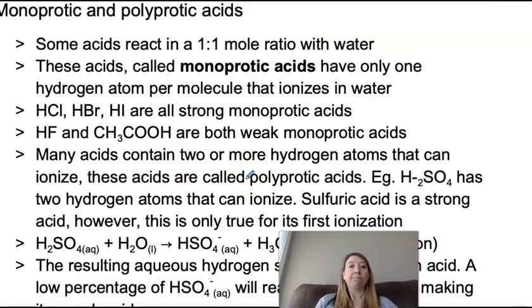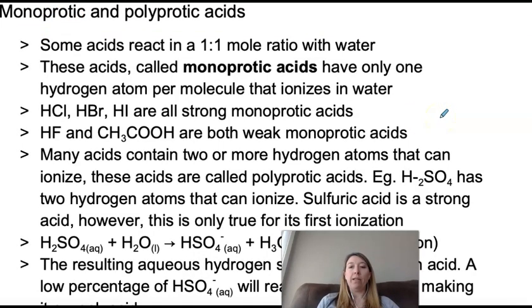So next thing to kind of look at is monoprotic and polyprotic. Okay, so we talk about things as being monoprotic and polyprotic both for acids and bases. When we use these words, mono means one and poly means more than one. Okay, protic in this case is referring to a proton. Remember when we talked about hydrogen, we said hydrogen is only composed of a proton and an electron?